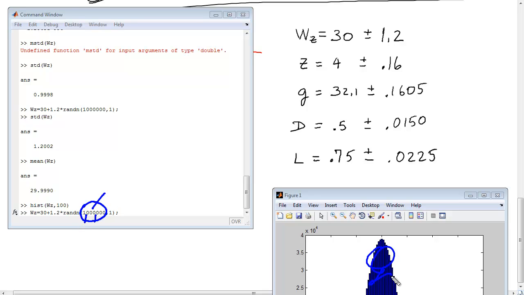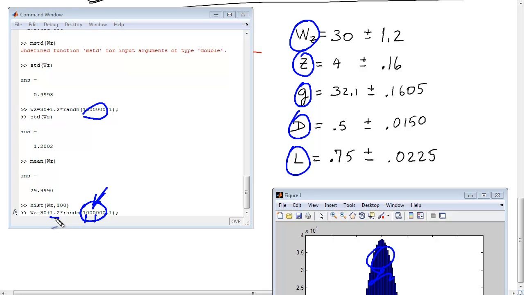There's 1 million data points on this, and each one of these, if you're running an experiment, you're going to take the same number of this. There's 1 million of those, 1 million of these, 1 million of each one of these. So just remember that this value has to be the same.